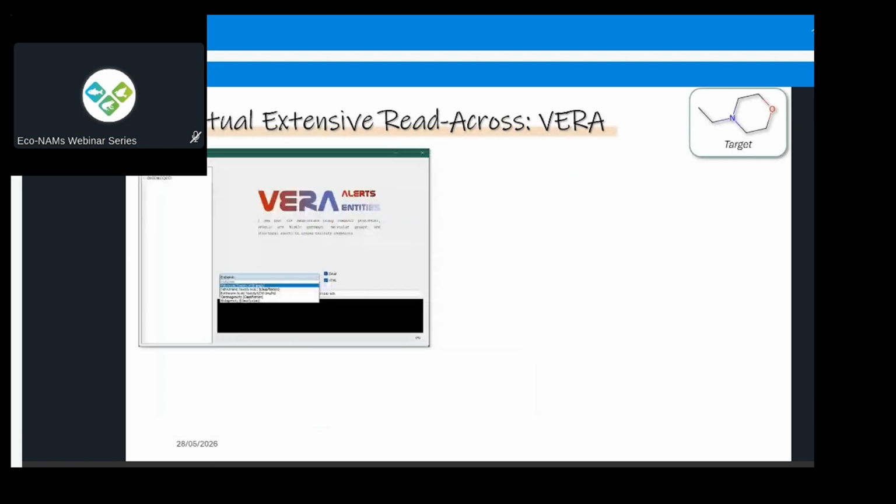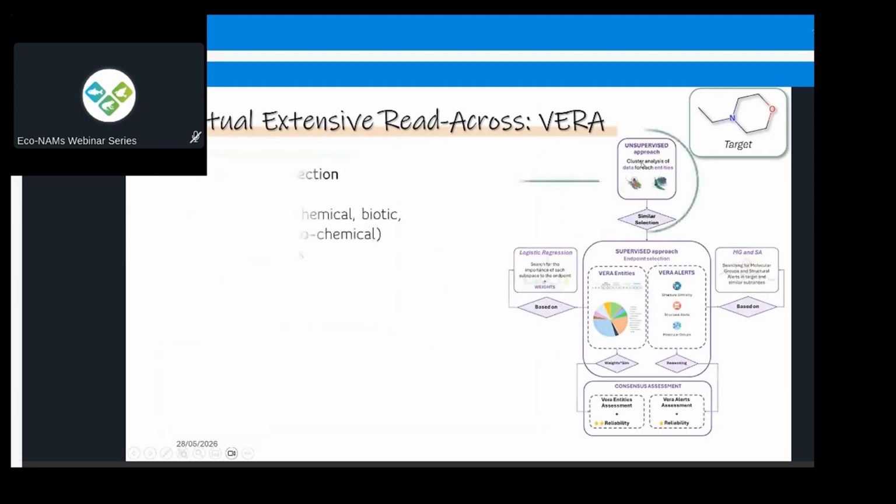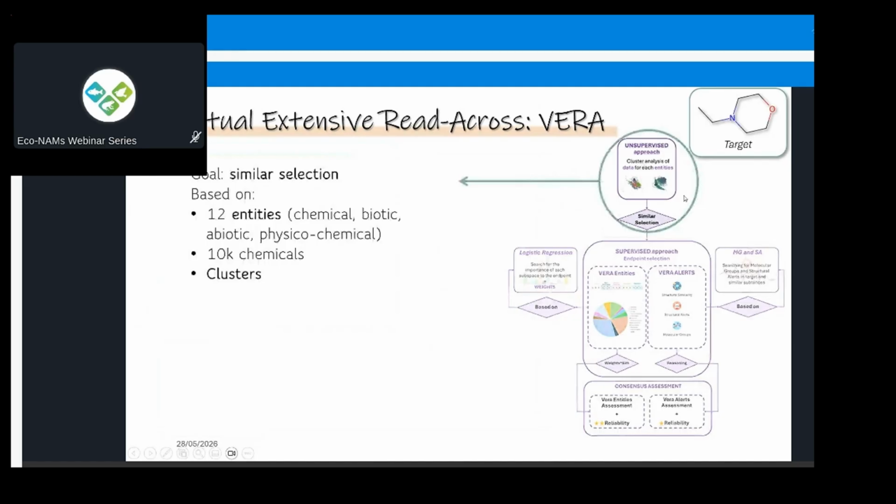For a target chemical like the one in the box, for instance, VERA proceeds with two different approaches. An unsupervised approach, so it does not depend on the property, that starts from the analysis of 12 entities that are chemical, physicochemical, biotic, or abiotic properties for 10,000 chemicals.